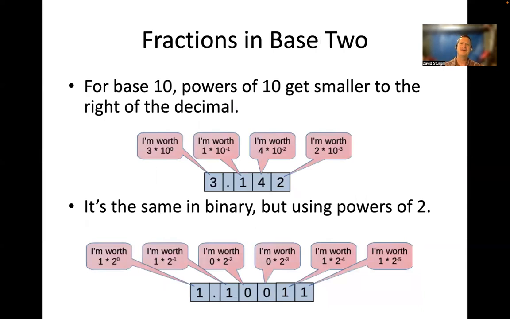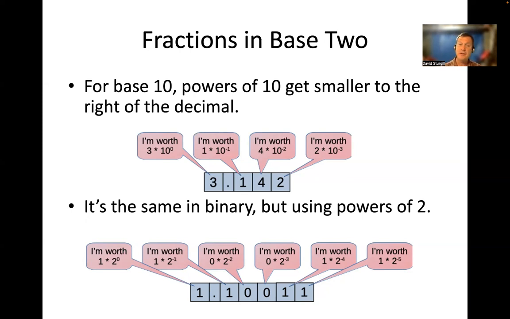We haven't talked about how to do fractions in binary. We talked about how to store integers. How do you store a fractional part in binary? The good thing is it's really the same idea as base 10. In base 10, we spent a little bit of time talking about how it works as a positional number system.